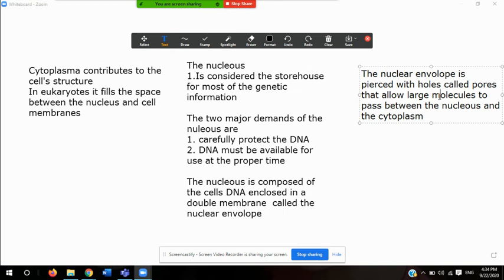And within the nucleus, we also have the nucleolus. So we're going to talk about the nucleolus real quick.